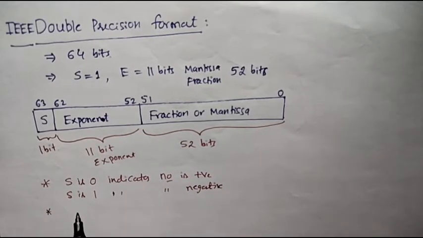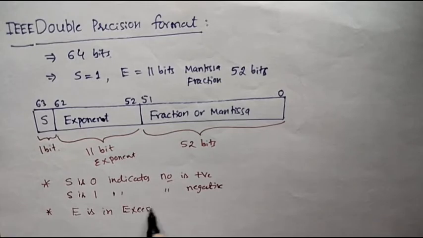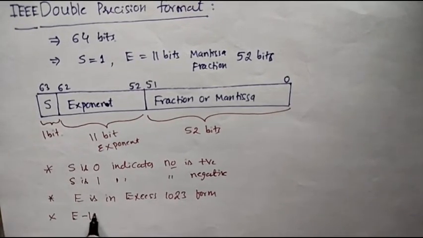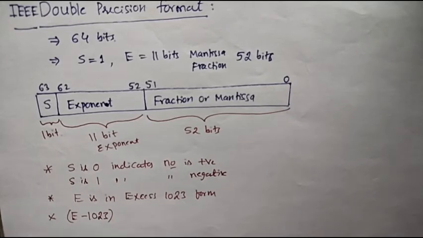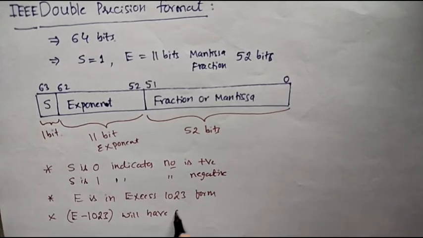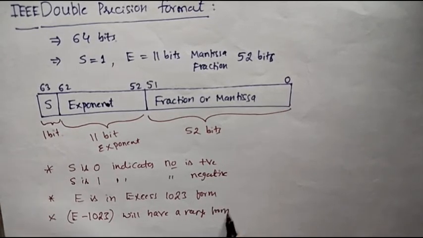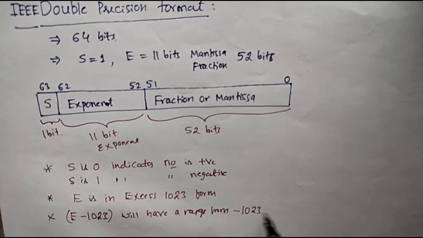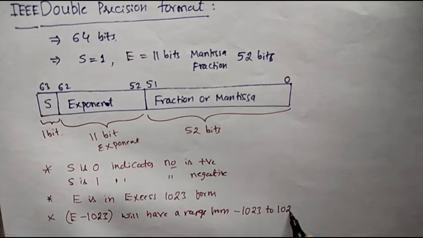In double precision format, the exponent E is in excess 1023 form. That is, E minus 1023 will have a range from minus 1023 to 1022.